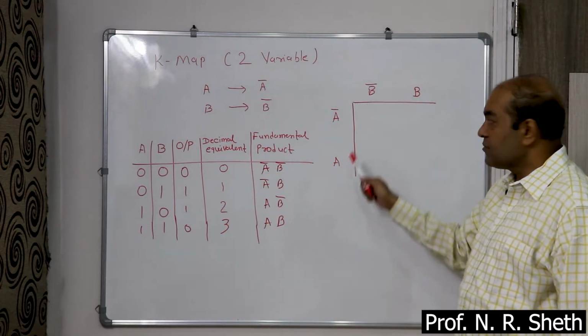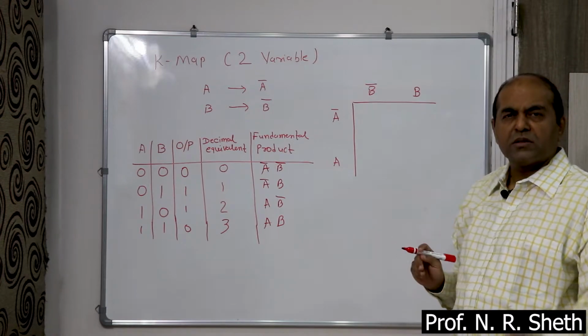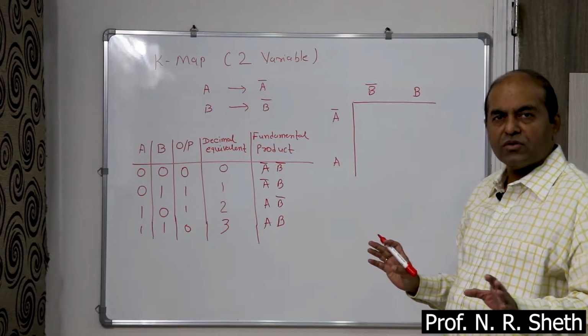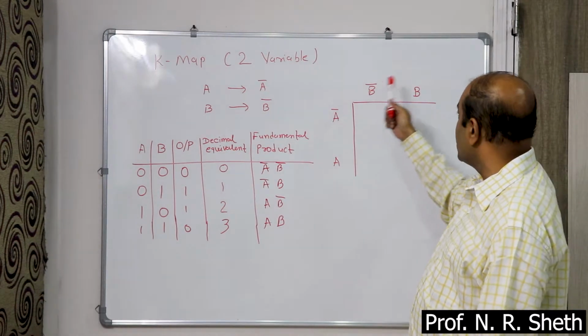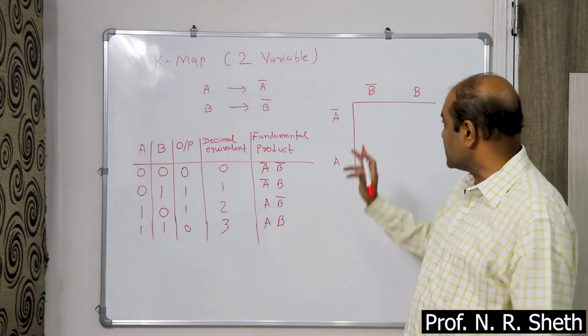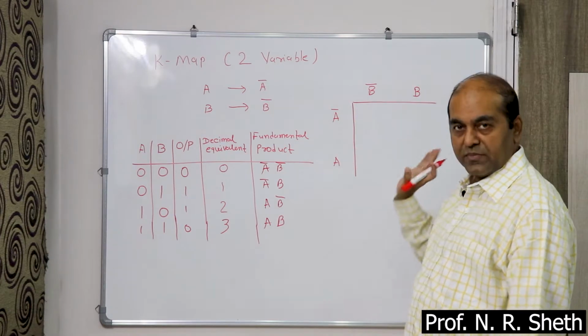A bar, A, B bar, B. So this is a universal standard. You can't change the position. You can't say this is A and this one is A bar, or B and B bar. Okay. So this is fixed.